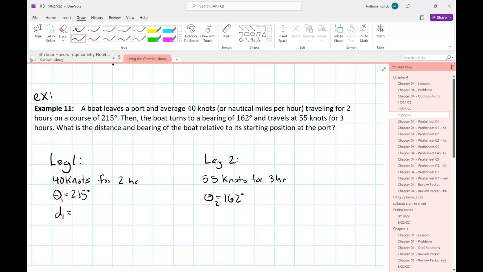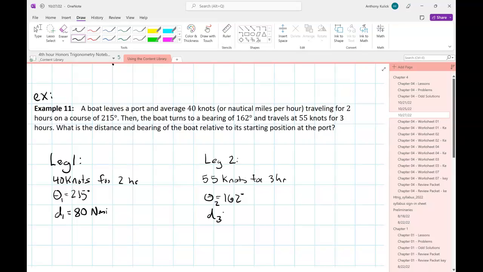80, right? Is the answer for how far did we go on that first leg of our journey. Since knots are nautical miles per hour, I'm just going to do that rate times time to get a distance. So 80 nautical miles.